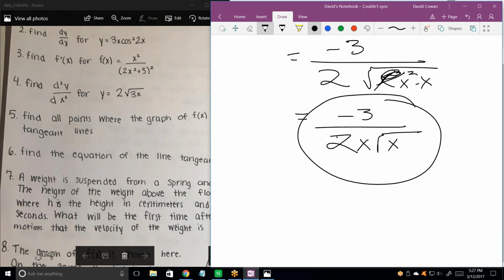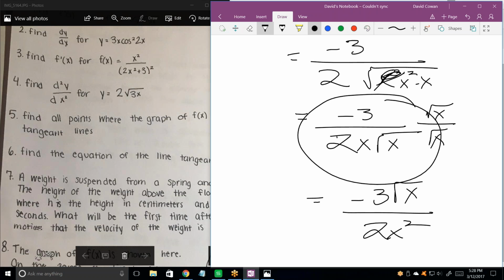And I'm presuming that they don't need you to rationalize the denominator here? I don't think so. You could multiply by root x over root x. In other words, you can always multiply any fraction by 1. And that would give you minus 3 root x over 2x squared.